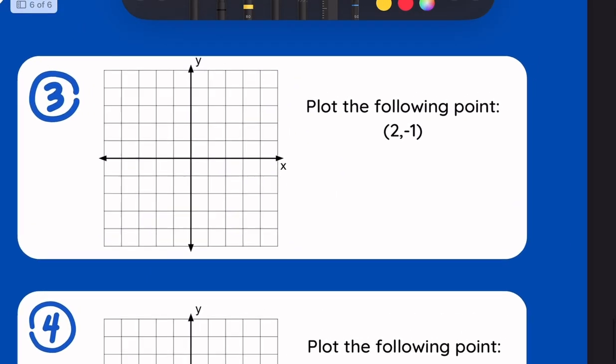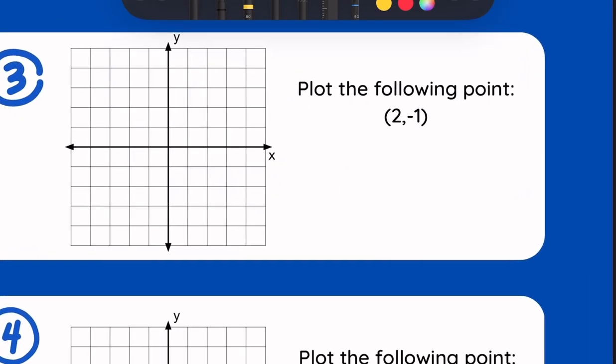Here we have 2, -1. 2 is our x, -1 is our y. So along the x-axis, 2 lands exactly 2 points away from 0, and -1 lands exactly 1 point below, which is right there. So for y, it's -1, and for x, it's 2.